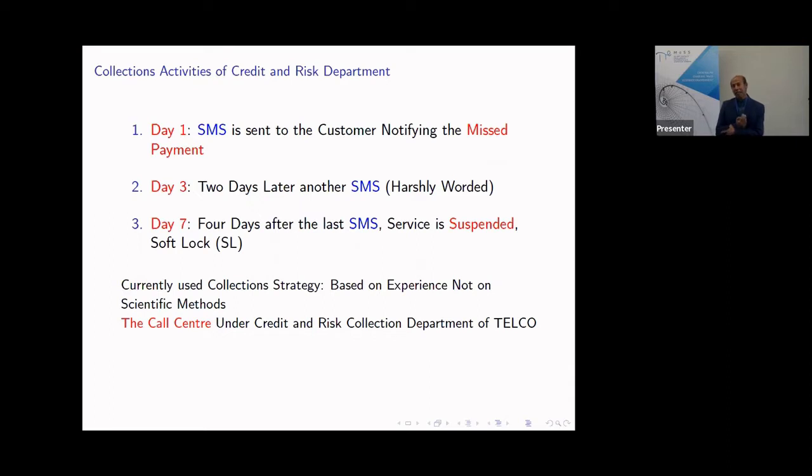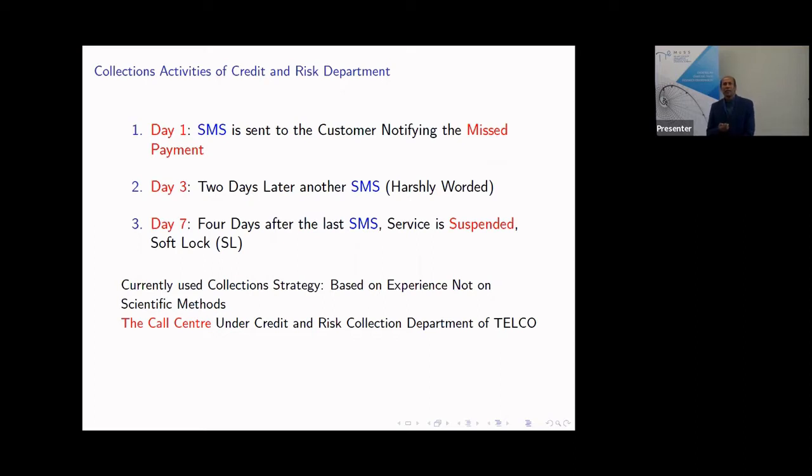Again, some people will go and pay without calling, some will call and negotiate a settlement, and some will ignore it. Another 4 days later, on day 7, they will suspend the cell phone with a soft lock. The customer cannot use the cell phone.